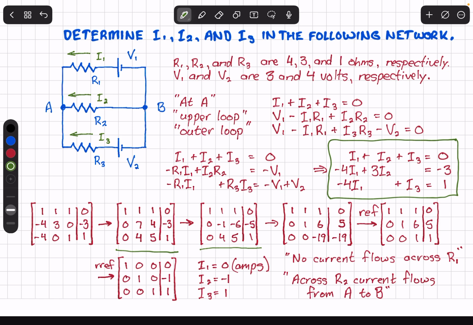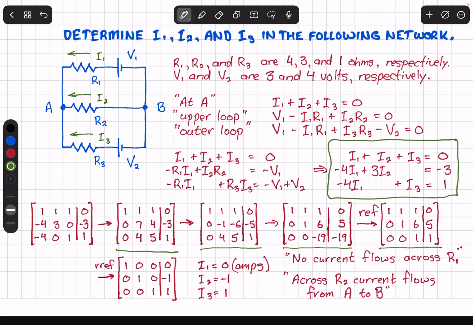Well, minus 19 and minus 19 in the last row mean that the third variable is equal to 1. Divide both sides by 19. And here you've achieved reduced echelon form. All 0 rows are at the bottom. All non-zero rows begin with a 1, and the leading ones are staggered.